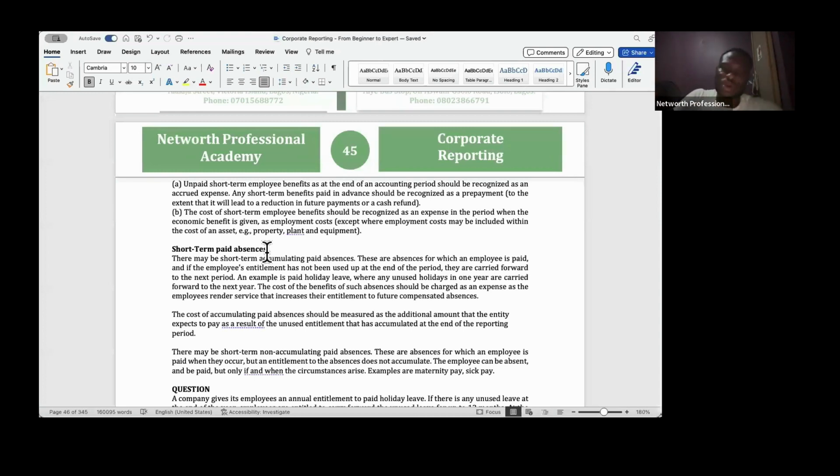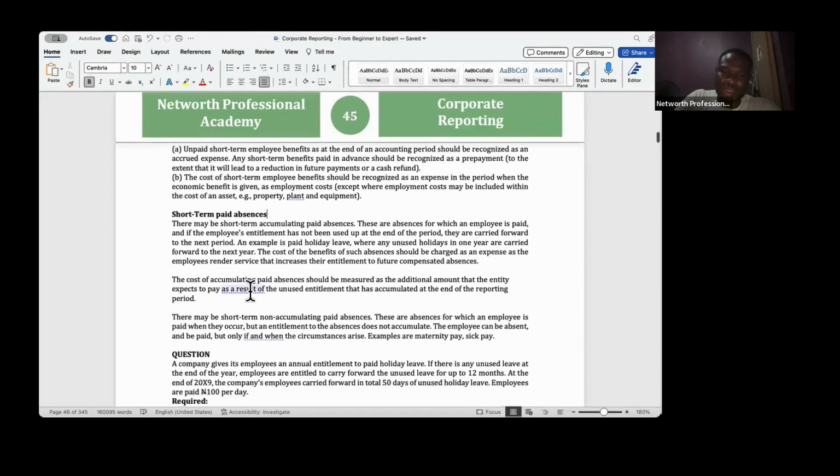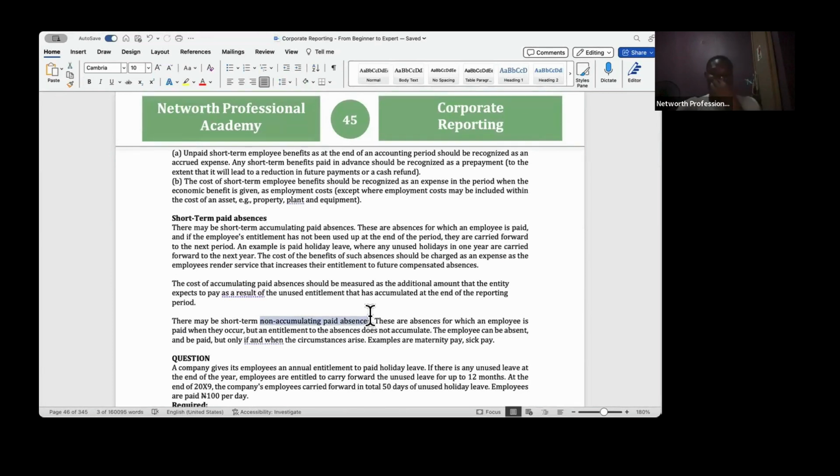The standard calls that non-accumulating paid absence. This one is straightforward. And why is this straightforward? In the sense that if the employee does not go on leave, that means we will not pay the employee.